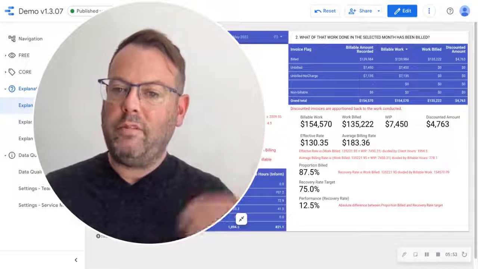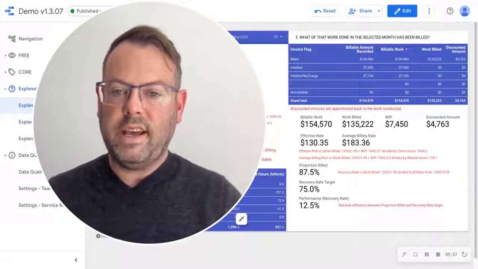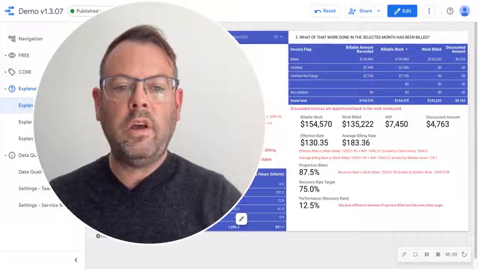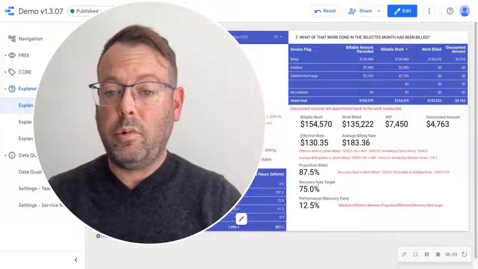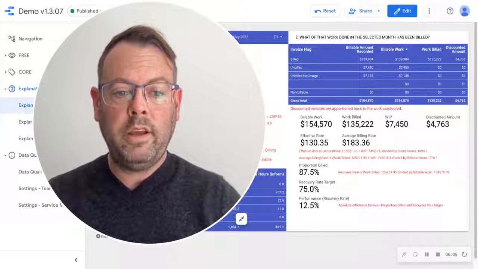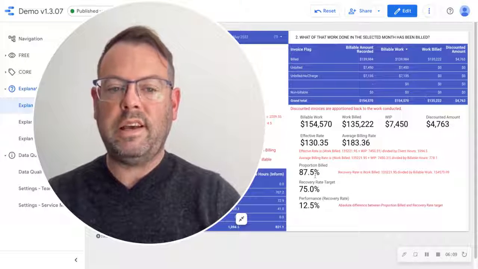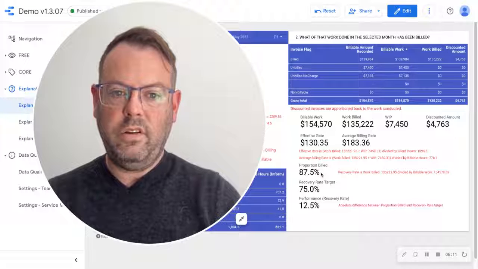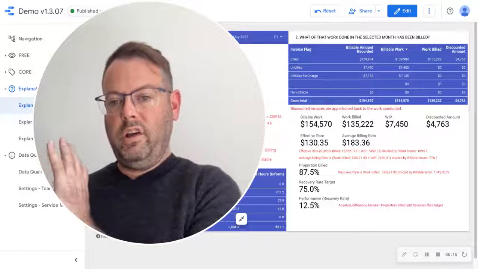And then we have a performance metric, which is what is your performance in relation to that target that you've set. So right now, the 75% is configurable. We can set it to whatever you want it to be. But this proportion billed, I think, is a good metric for you to understand. And obviously, the further back you go, the higher you would expect.